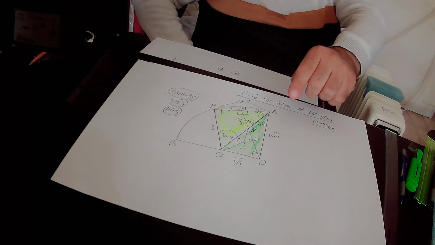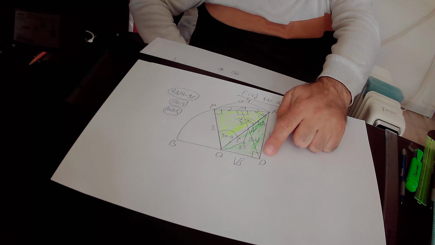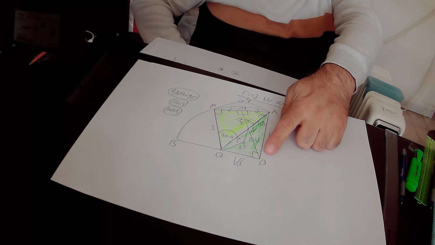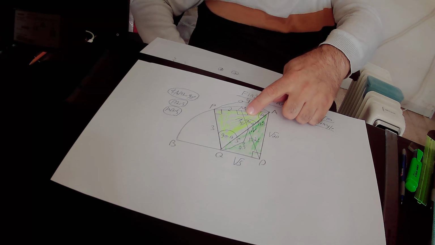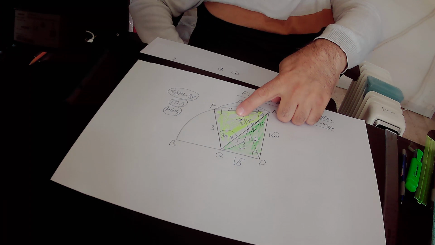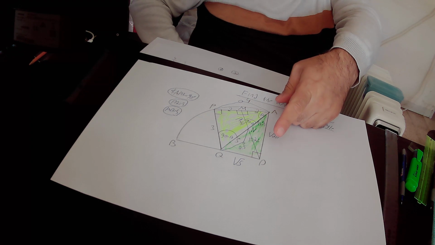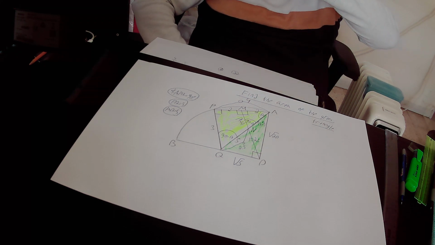So from point O, that is the center of the circle, we draw a perpendicular on chord AP. So this angle equals 90 degrees and this angle equals 90 degrees according to our construction. We define the touching point of the perpendicular from point O and chord PA as M.